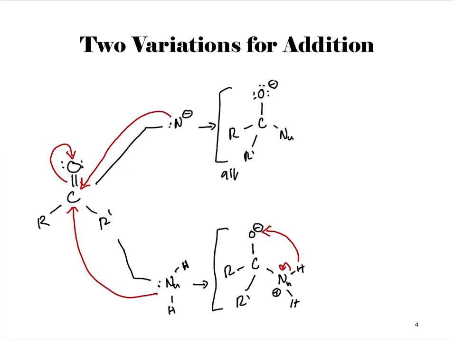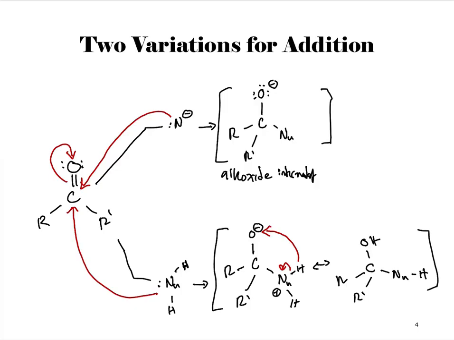This is our alkoxide intermediate. This one you get a slight rearrangement of this intermediate to something like this, R prime and H, right? So these are the two intermediates that we get.